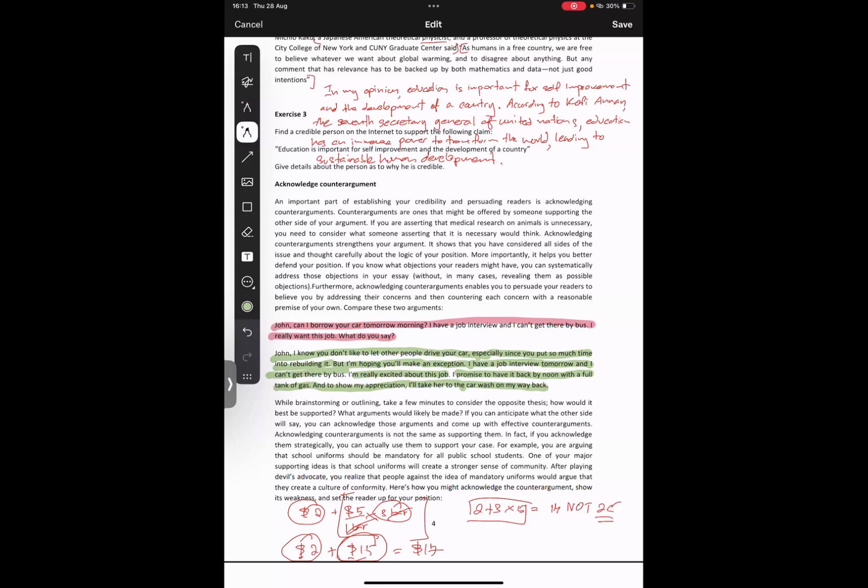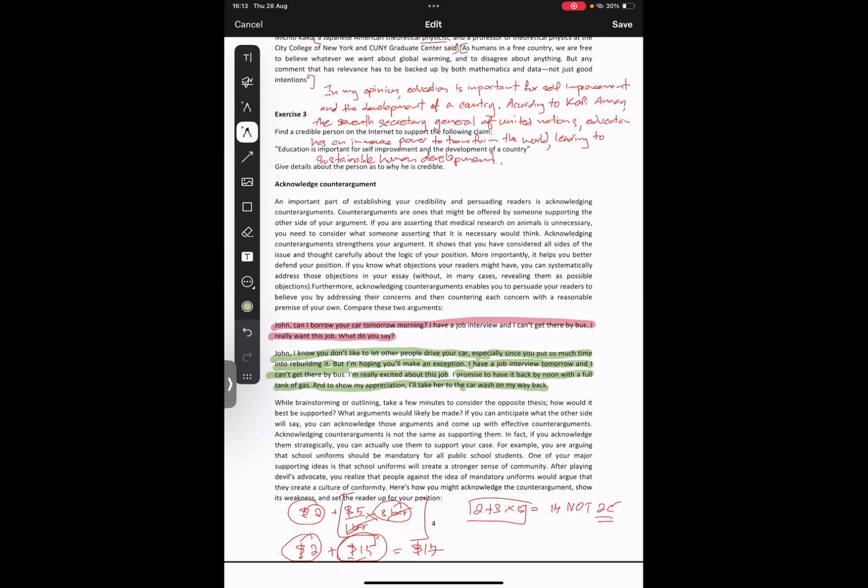Of course, the second one is longer, right? Because he put some thinking into this. The main difference between the first one and the second one is that the first one doesn't really care about the other person. If you try to borrow John's car, it's pretty much like engaging in a debate. And the question is, should I get the car?